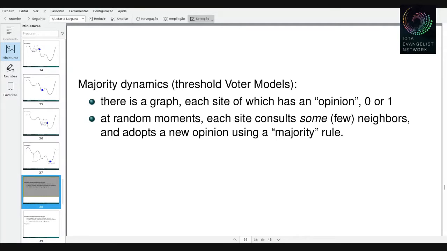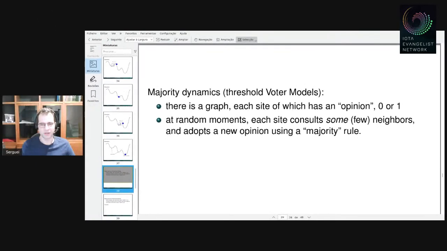I have to say that this is different from PBFT-like protocols from computer science, which come to consensus, but they consult almost all other sites, or at least a fixed proportion of them. Here in these probabilistic voter models or majority dynamics models, you consult not a lot of them.